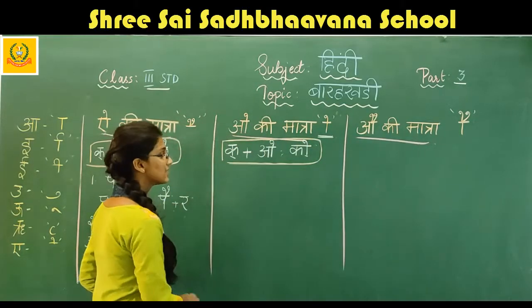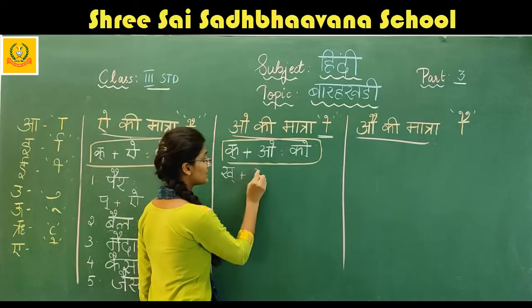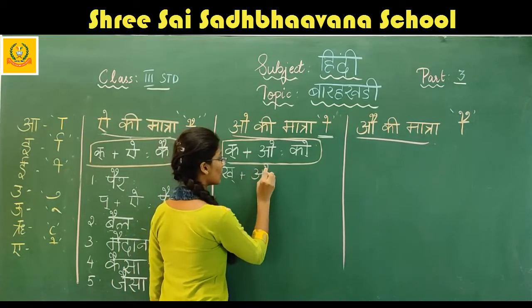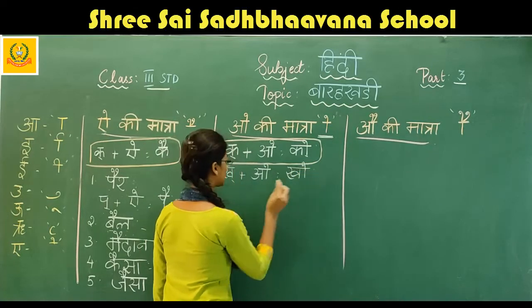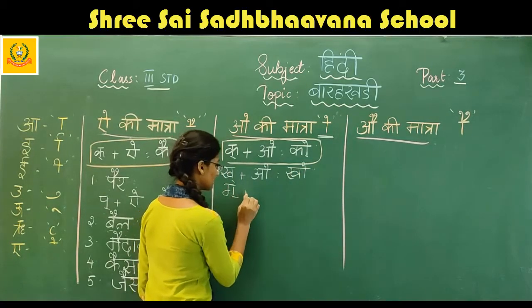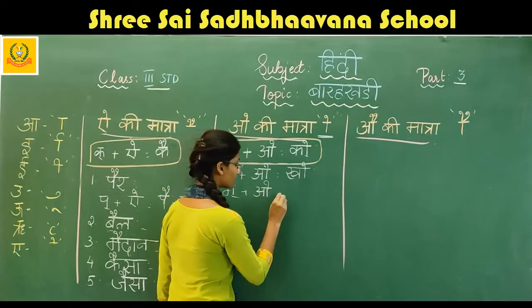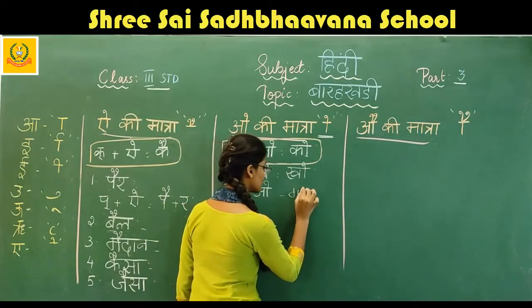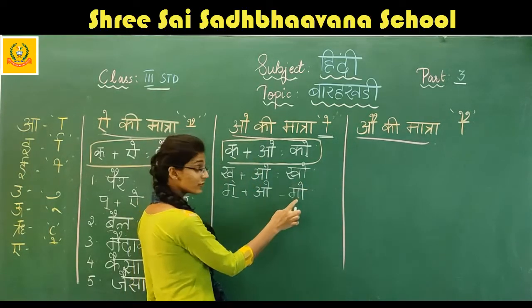Okay. Next, write like this. K plus O is equal to Ko. G plus O is equal to Go. Never put the matra for this line.